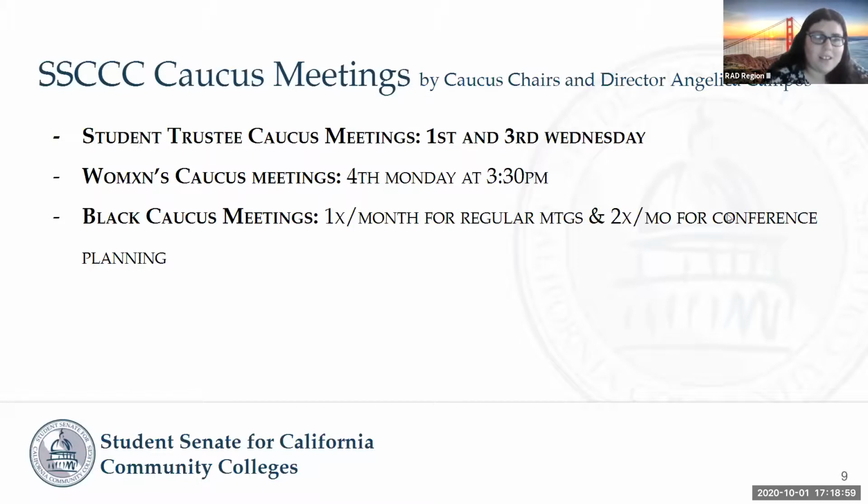The Women's Caucus meets every fourth Monday at 3:30 p.m. And then the Black Caucus meets once a month for regular meetings, and whenever they're planning for conferences that they hold, those happen twice a month. I'll let the panelists talk a little bit more about how each meeting works, and maybe how meetings go. So next slide.